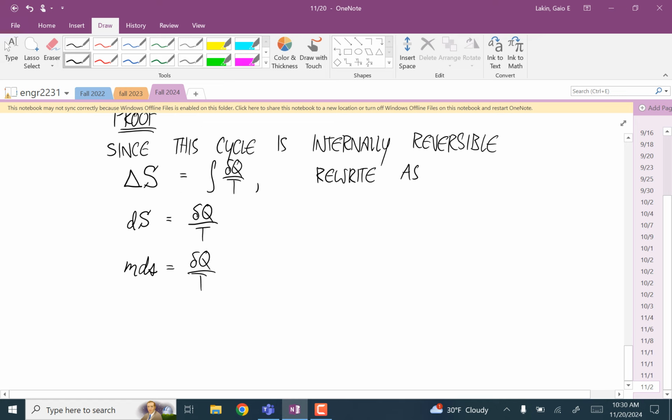And then, move stuff around and you get that T ds is equal to delta Q over m. No, that is terrible algebra. This is delta Q over m.